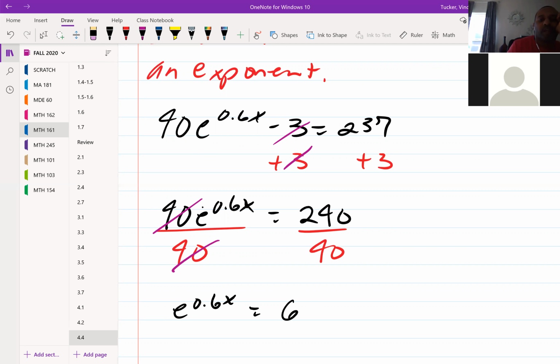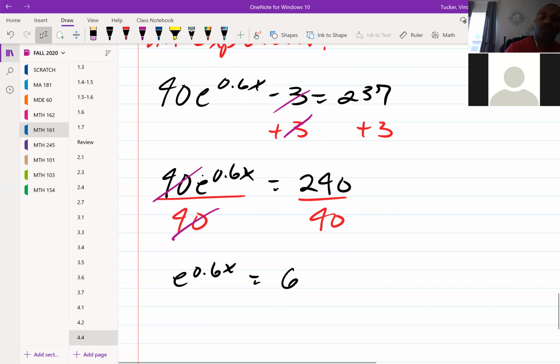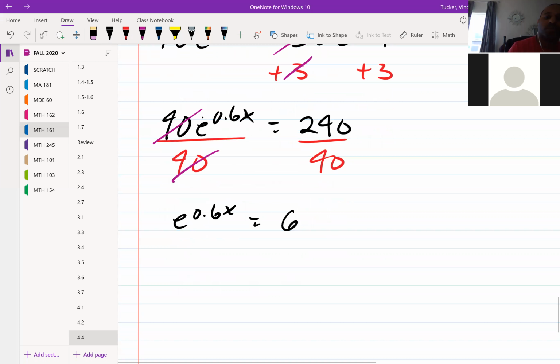All right, so now we have e to the 0.6x equal to 6. And now, I'm going to apply the natural log and bring it down to both sides.